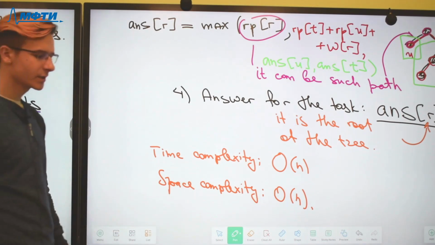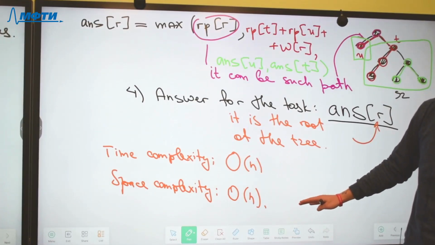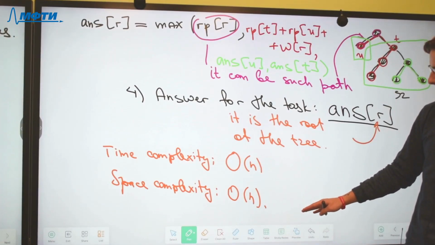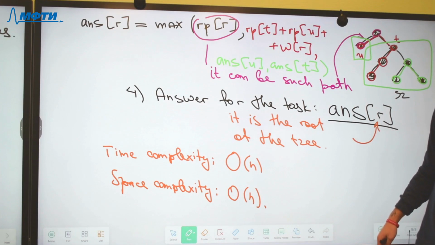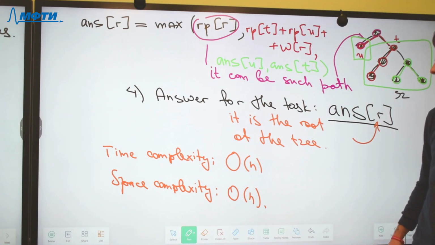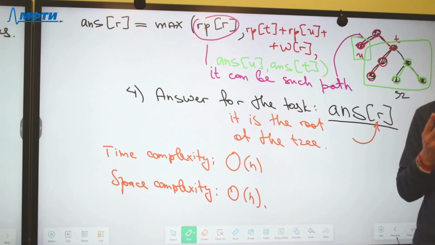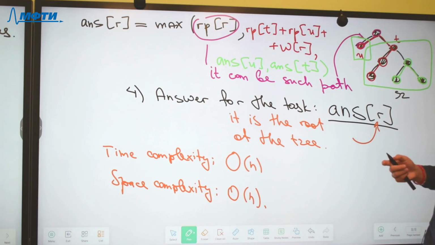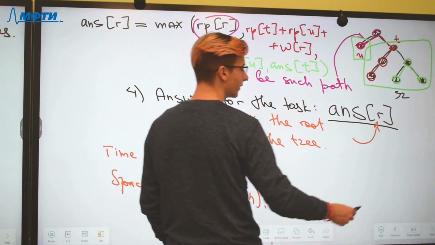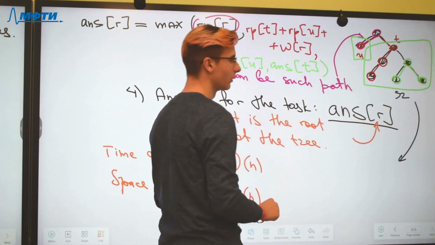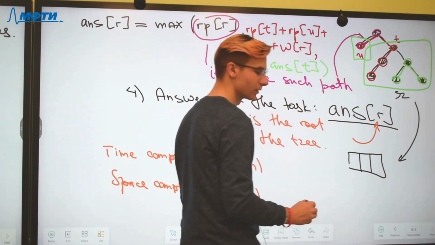And about space complexity, of course, we spend linear space to store ans and rp, but you need to understand that we need to store three trees now, because this tree in our algorithm becomes a tree with complicated nodes.